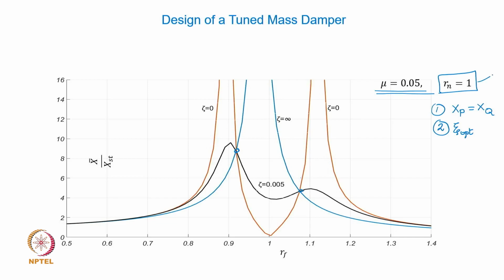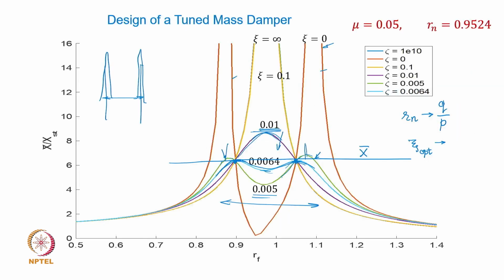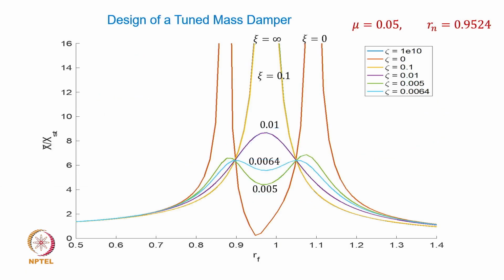Okay, this is what happens when Rn is not tuned. So by forcing these two amplitudes to be the same, you basically figure out what value of Rn I will be choosing, and the next graph essentially tells you that if you choose this Rn value properly, in this case it was chosen equal to this value. How we have chosen this is something which is going to come up shortly.